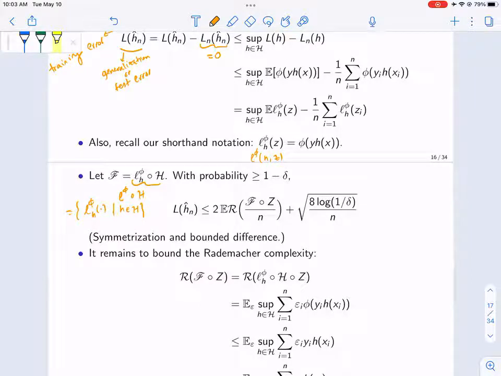Then this supremum basically is controlled by twice the expected Rademacher complexity. And there's no absolute value here, you can see. So you actually don't pay the absolute value if you go through the symmetrization argument. Basically, you just get the Rademacher complexity of this function class.